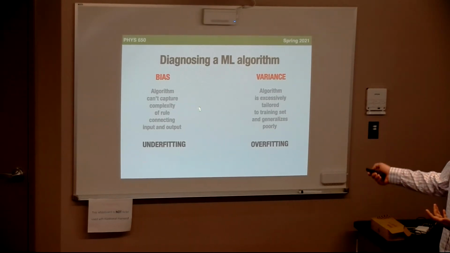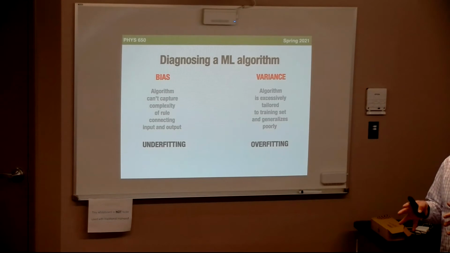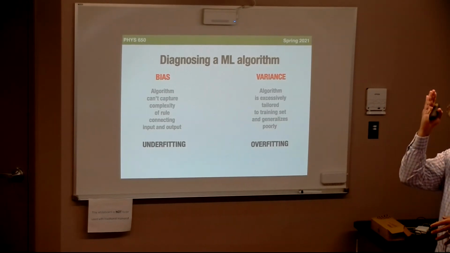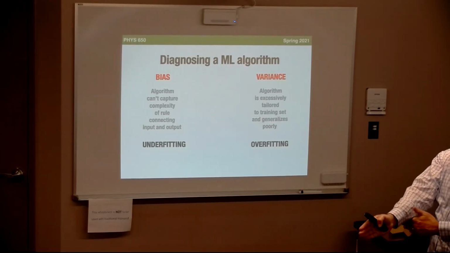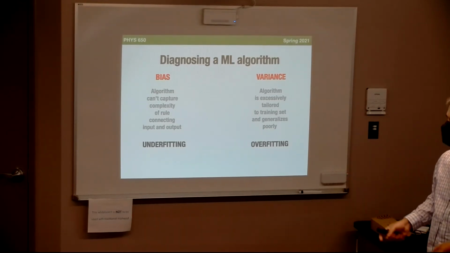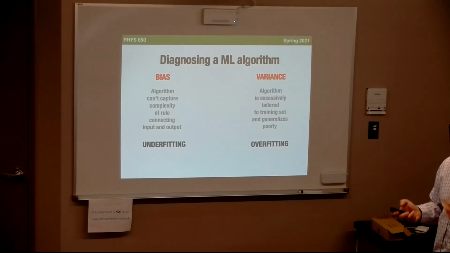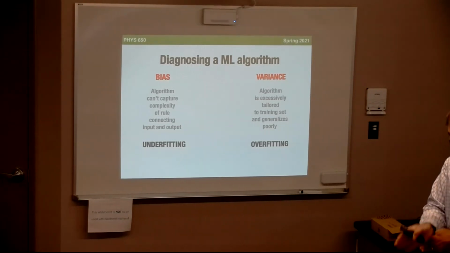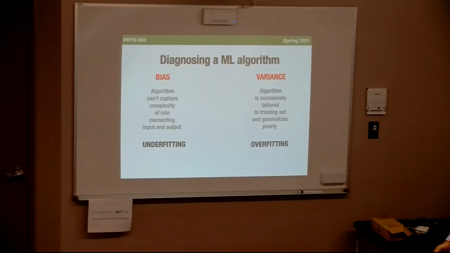So either I don't have the complexity of the whole thing, for instance I just do one cut, a decision tree of one, good or bad, and then I am biasing myself. Or I can split so far that it only works for the training set and not on the test sets anymore.